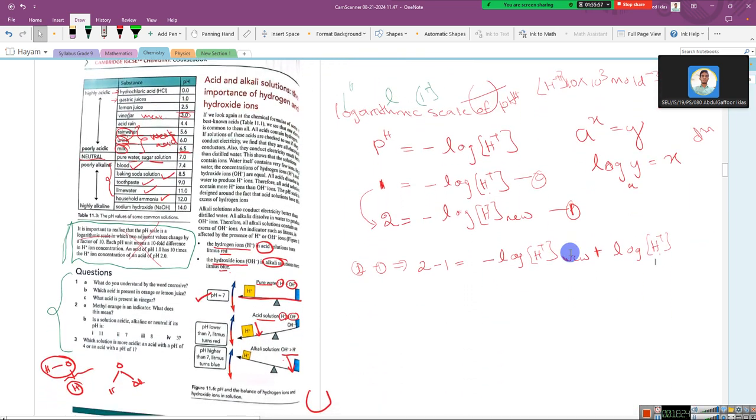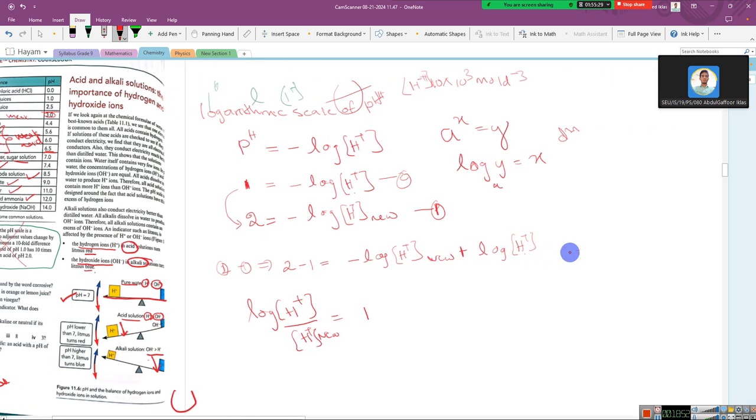Now you see here, this can be written as log H plus divided by H plus nu, which is equal to 1. There are some logarithmic rules also.